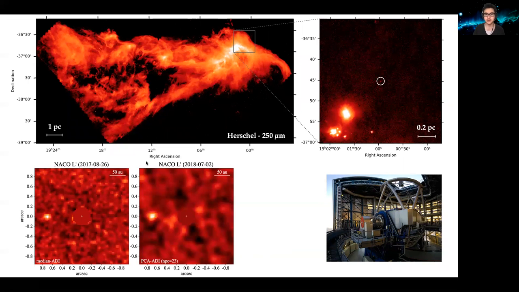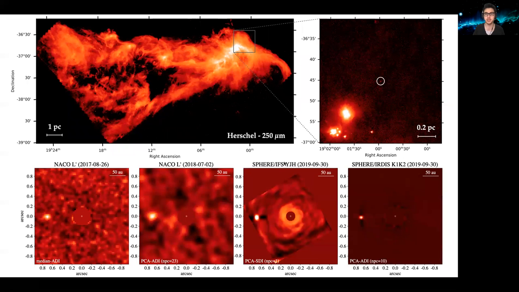So this motivated us to follow up the object again with NACO. One year later, we could redetect the point source at the same location. And this motivated another follow-up, this time using SPHERE at other wavelengths, using the integral field spectrograph and the IRDIS imager. In all the data sets, the point source is detected at a significant level and at a consistent location with respect to each other.